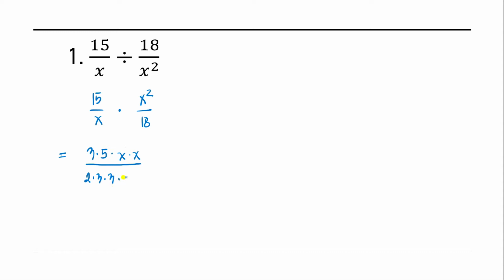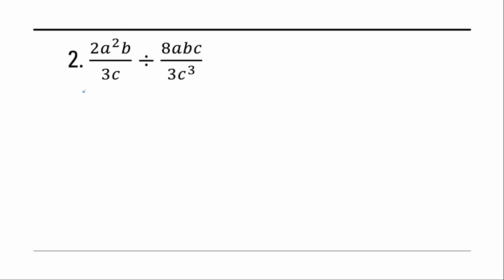And then we have an x. Now let us cancel out the common terms. We have to cancel out 3 and x. So we now have 5x for the numerator. And then we have 2 times 3 or 6 for the denominator. So 5x over 6 is our answer.